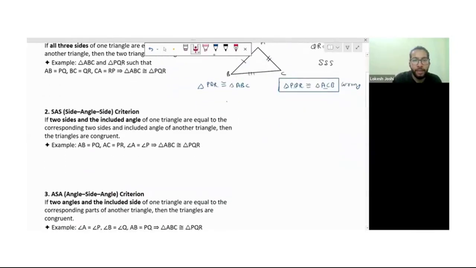Now the next criteria is side angle side.